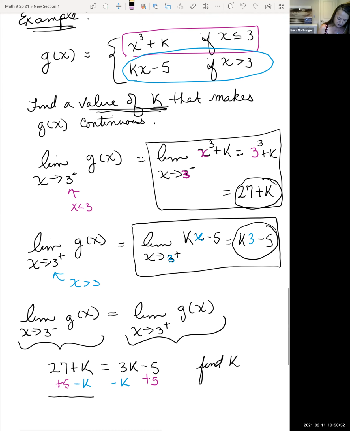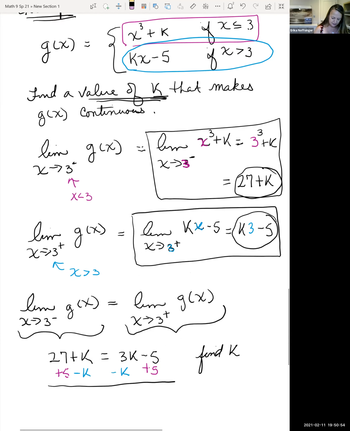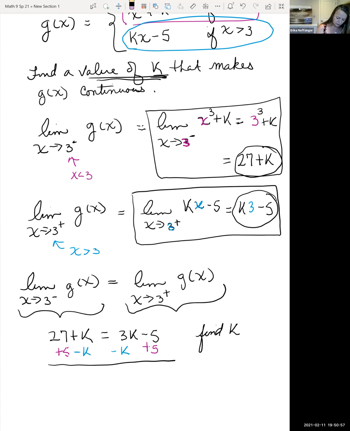So if we do that, we have 27 plus 5, which is 32, and this is equal to 3k minus k, which is equal to 2k. The k cancels on the left, the 5s cancel on the right. We're almost there. This is a k, not an x. And now divide both sides by 2 to get k by itself. We get that k is equal to 32 divided by 2, which is 16.